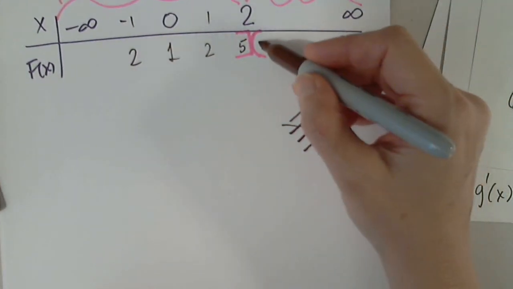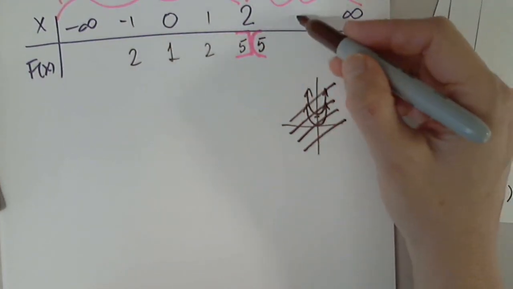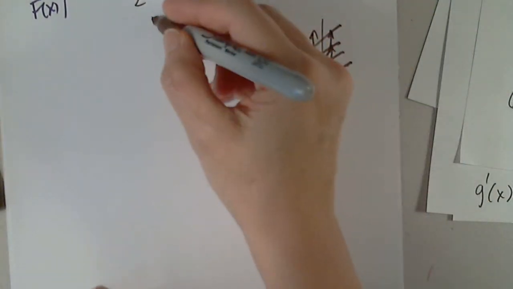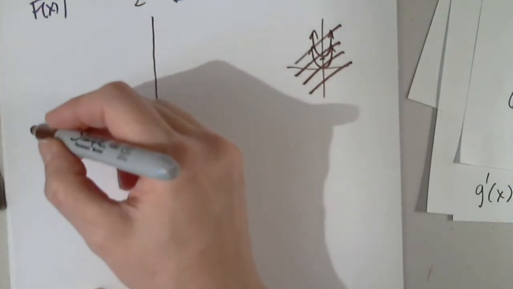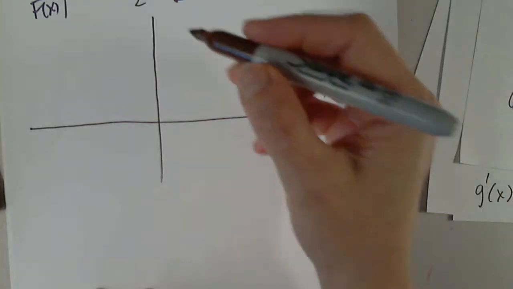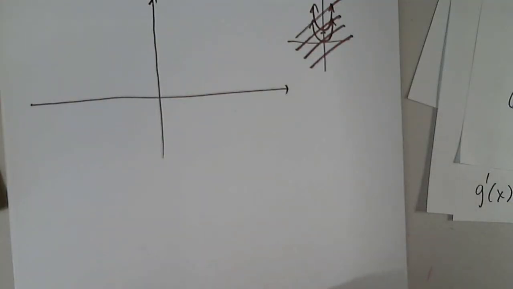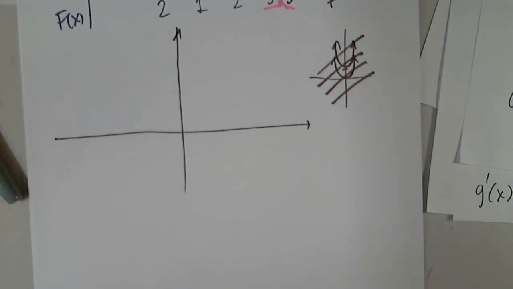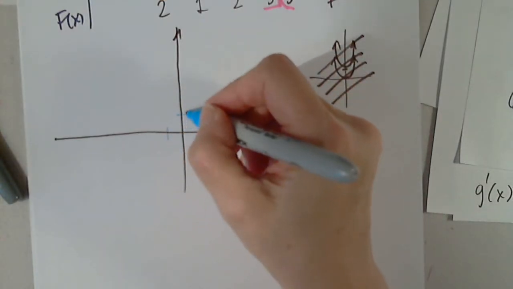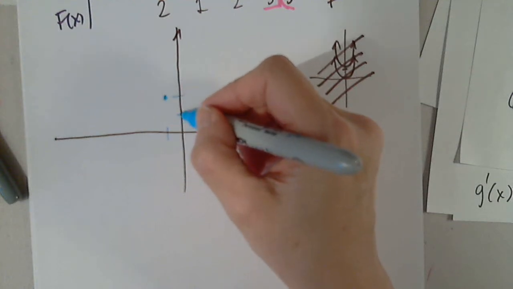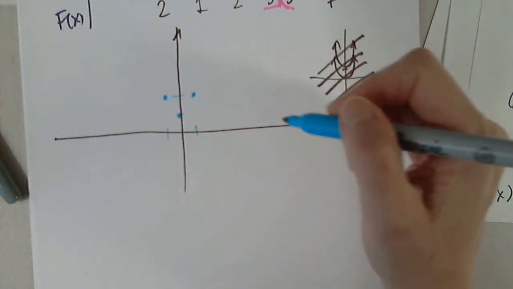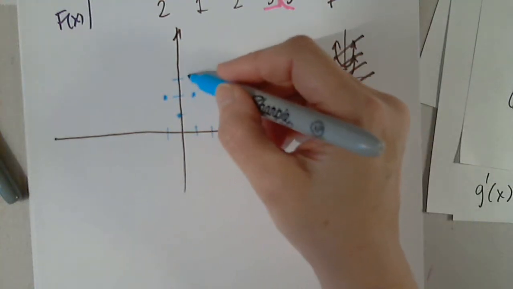Same here, I plug in 2, it's 5, I plug in 3, and I get 7. So here's the graph, and we'll see what happens at 2, and we'll understand why the function is not differentiable at 2. So I already know this is negative 1, 2, and 0, 1, and 1, 2, and 2, 3, 4, 5.